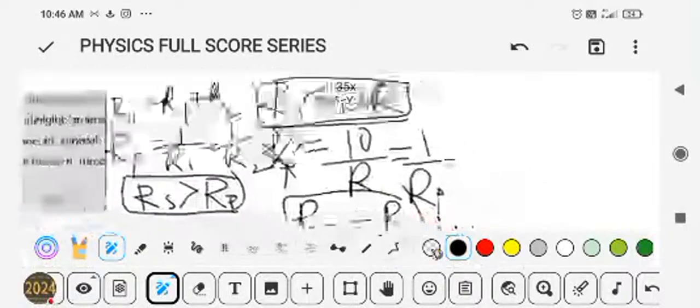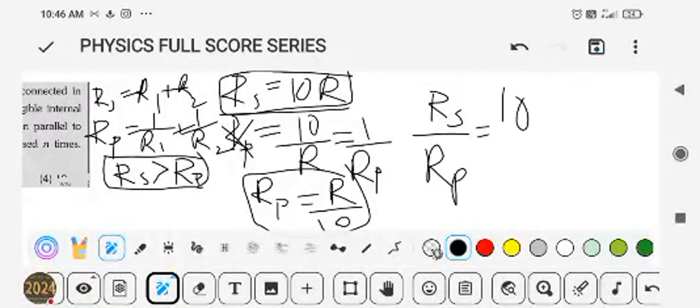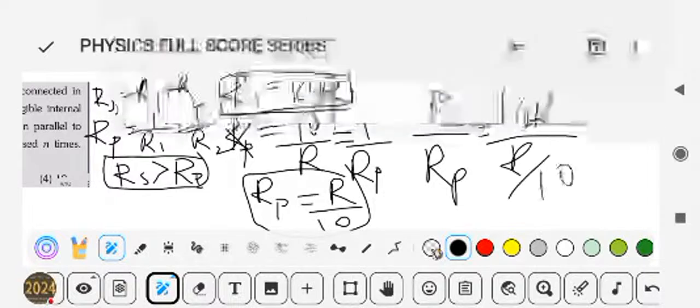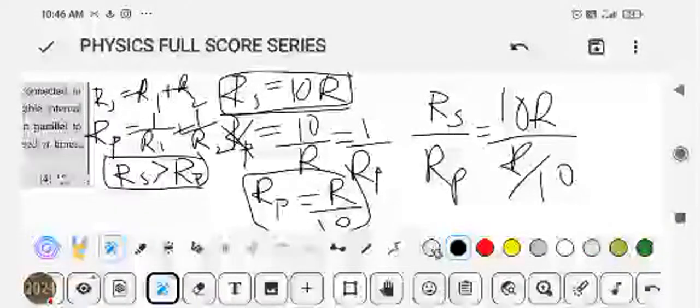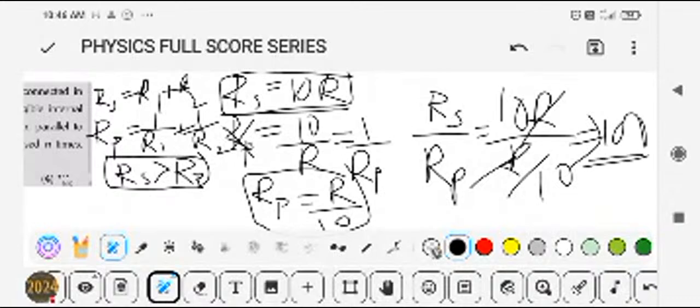Then the ratio of them gives how many times the series resistance is greater than the parallel resistance. So Rs by Rp is equal to 10R by R by 10. R and R divide, and we get 100.